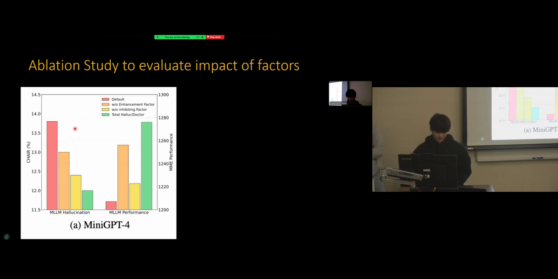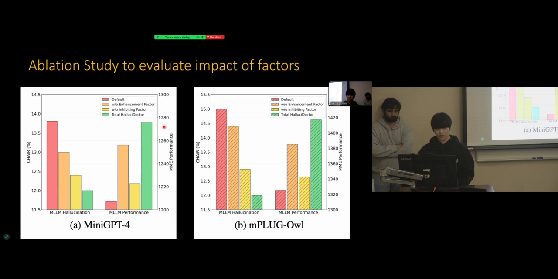The red bar stands for without HalluciDoctor, the orange bar stands for HalluciDoctor without the enhancement factor, the yellow bar stands for HalluciDoctor without the inhibition factor, and this is the total HalluciDoctor. You can see both factors impact the hallucination as well as the general performance. So you can see using the total HalluciDoctor achieved the lowest hallucination score as well as the highest general performance. You can see the same trend in this graph as well.